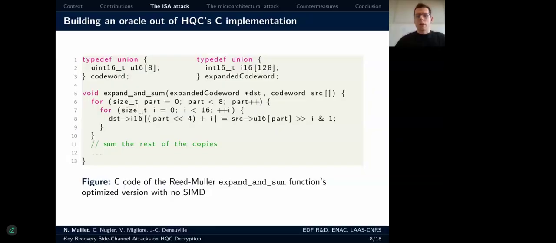And well, that being said, v minus uy is a sensitive value, but how can we recover this v minus uy? We still need an oracle to give it to us with side channel.